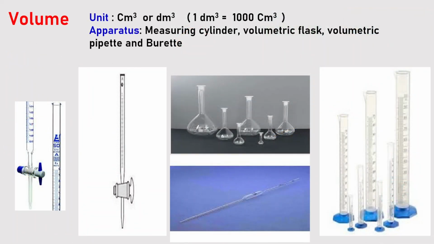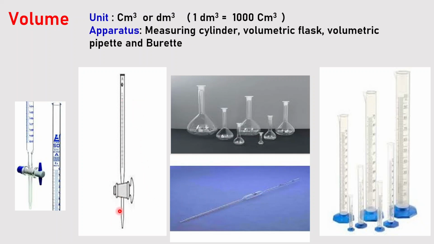In chemistry, we generally measure volume in centimetre cubed or decimetre cubed. And we know 1 decimetre cubed is equal to 1000 centimetre cubed. For measuring the volume of liquid, the most commonly used apparatus are the measuring cylinder, volumetric flask, volumetric pipette, and the burette.